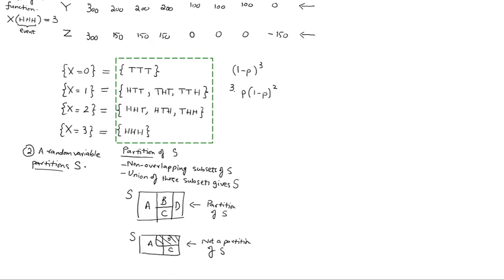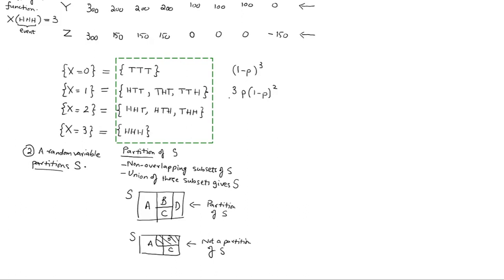Why 3? A straightforward answer is that there are 3 mutually exclusive ways of getting one head, and for each way the probability is p into (1 minus p) squared. Because of mutual exclusivity, you add the 3 probabilities. So you get 3 here.